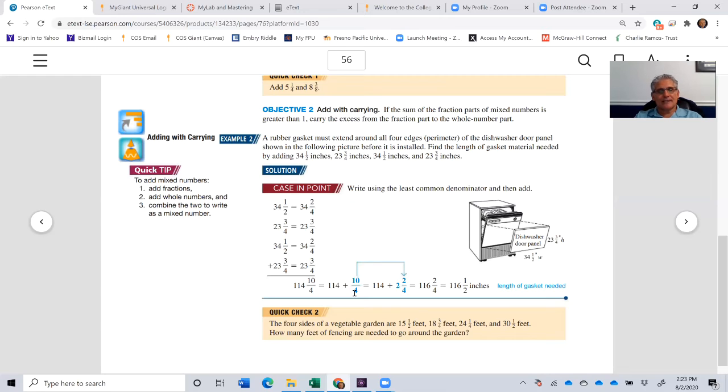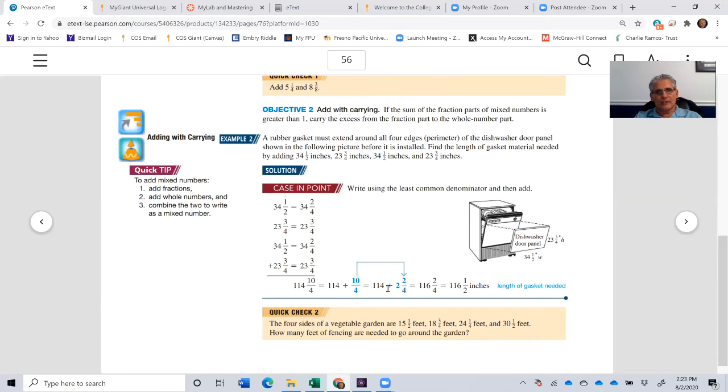We're going to take the 10 over 4 and, using the previous section where we learned how to convert an improper fraction to a mixed number, the result would be 2 2/4, but we also recognize that 2/4 is equivalent to 1/2. We're going to take the whole numbers and bring them together now.